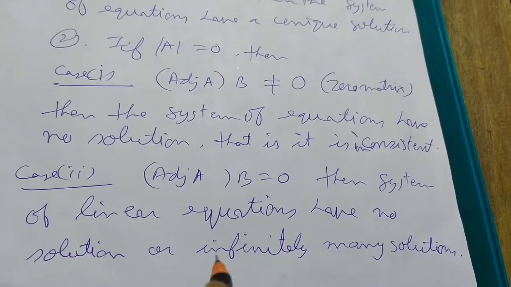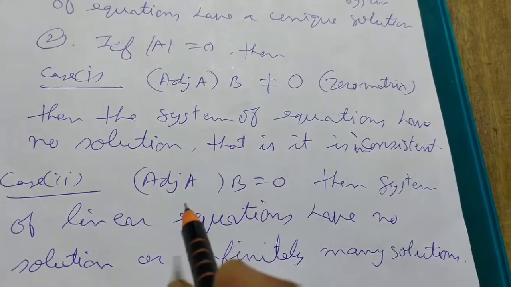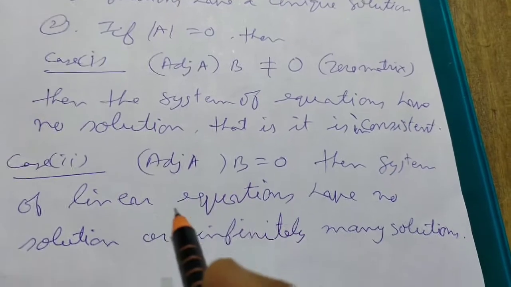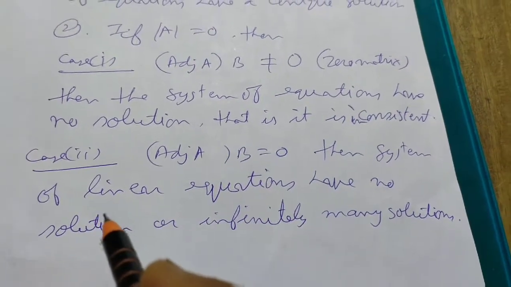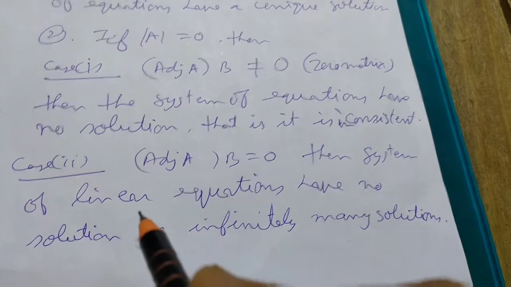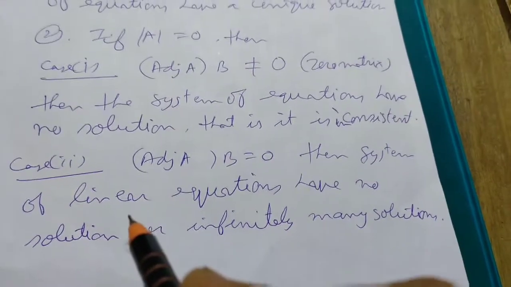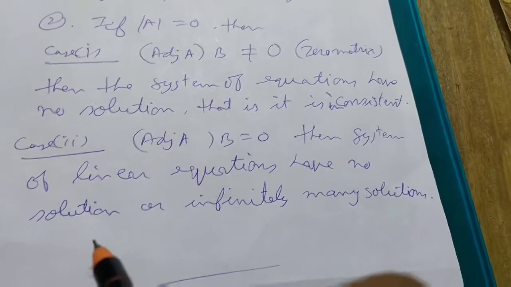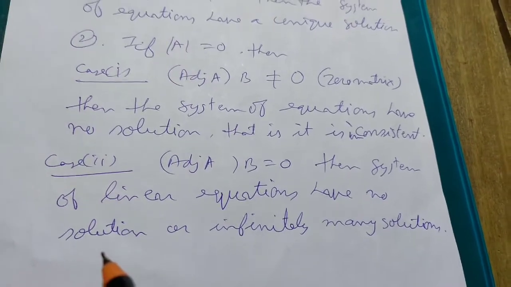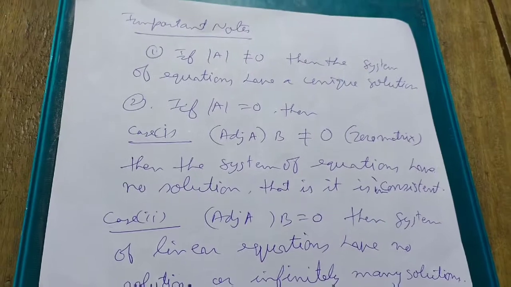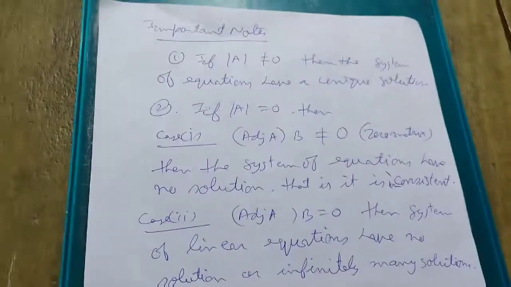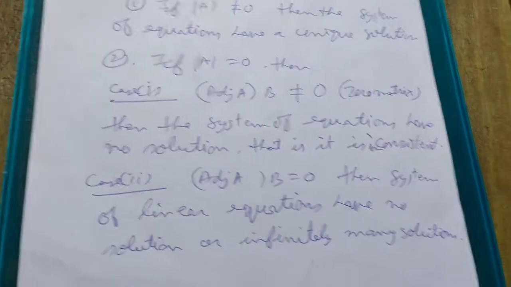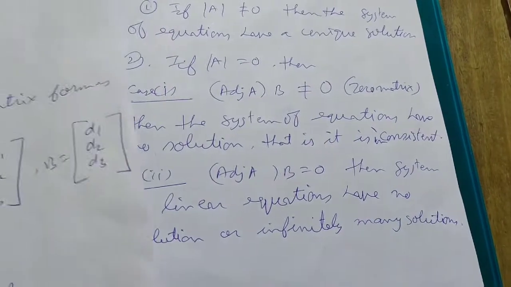In case you get adjoint of A into B equal to 0, then you do not have to go further. What you have to do is simply write that the system of linear equations may have no solution or infinitely many solutions. So these are very important topics which you have to go through, and they will be helpful in solving the concerned exercise.